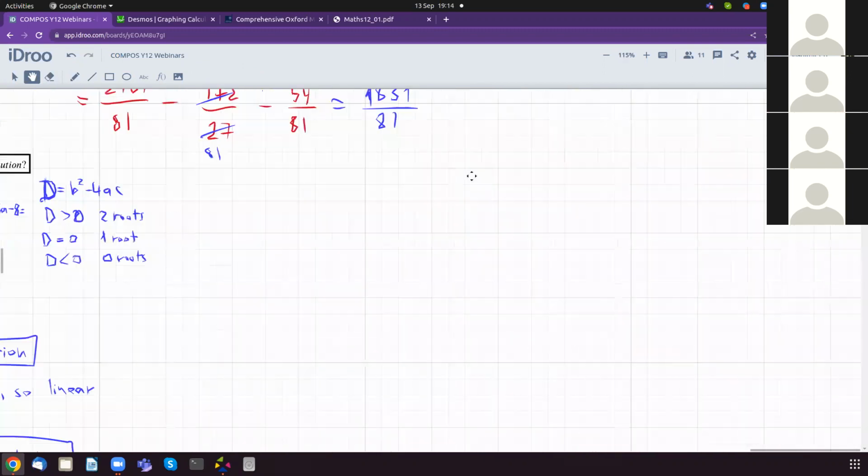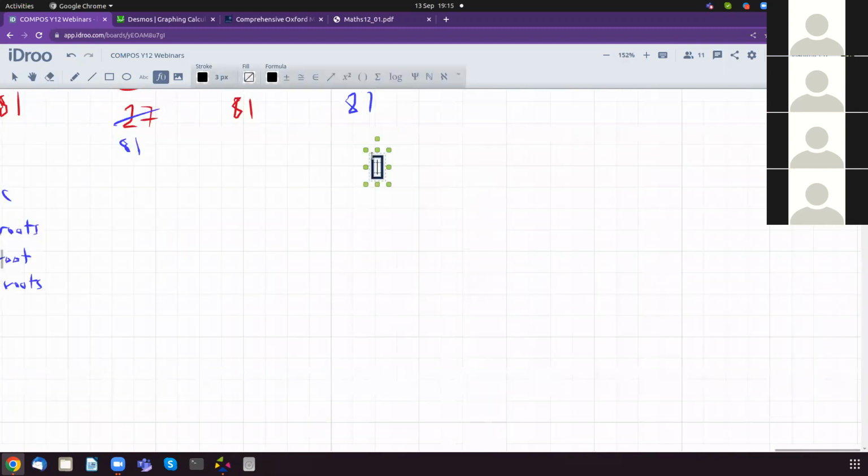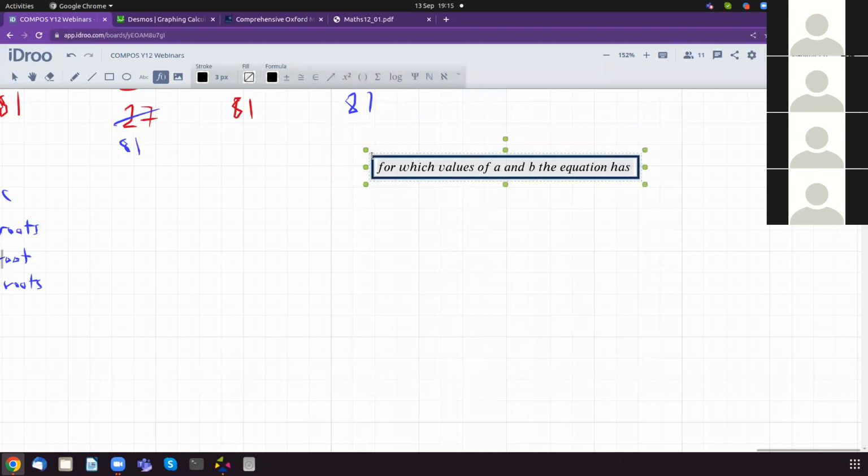I'll give you another hint, another simple question. For which values of a and b does the equation ax plus b equals 7 have more than one root?